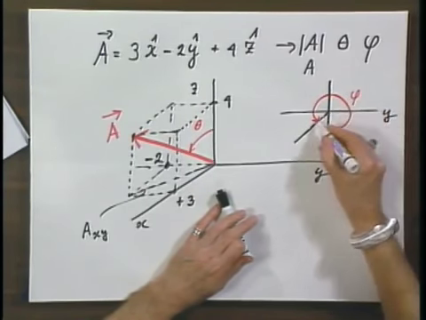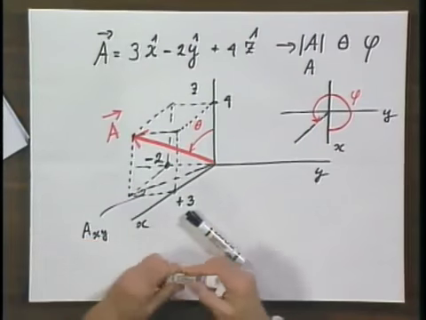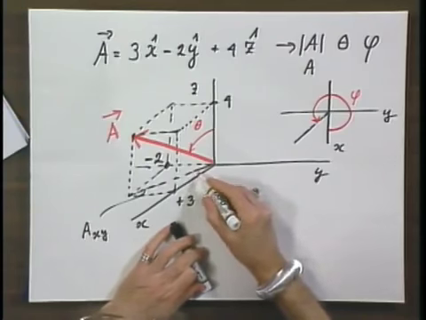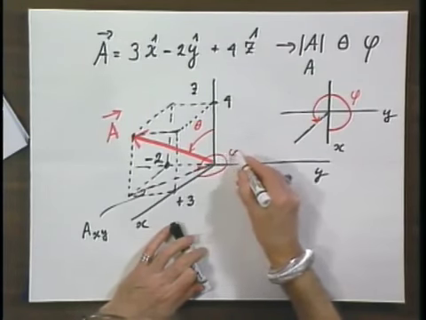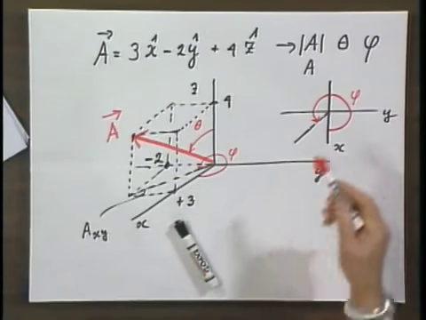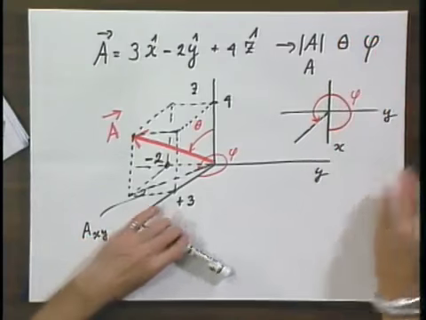So this is phi. If I draw it here, it's not so easy. This would be phi. And our task now is to determine the magnitude, theta, and phi.